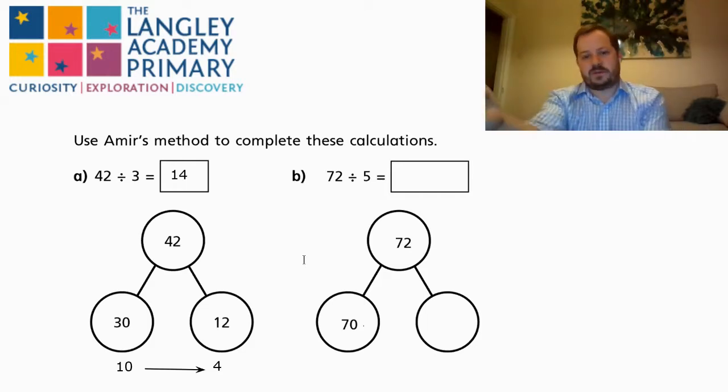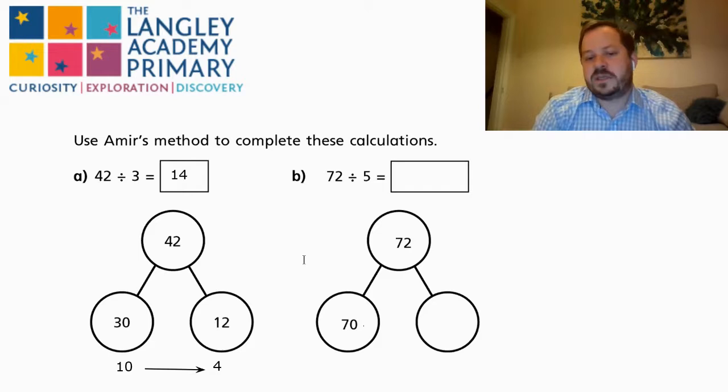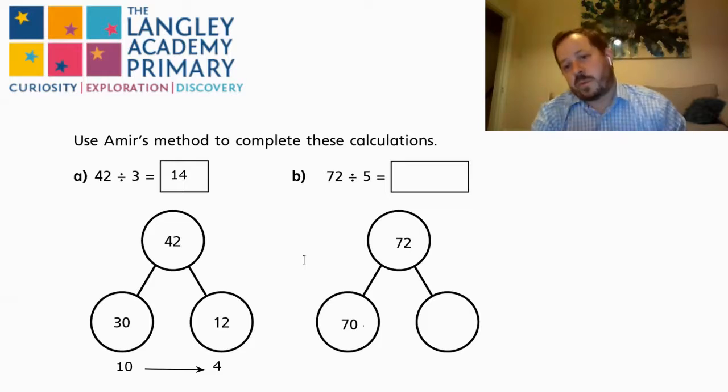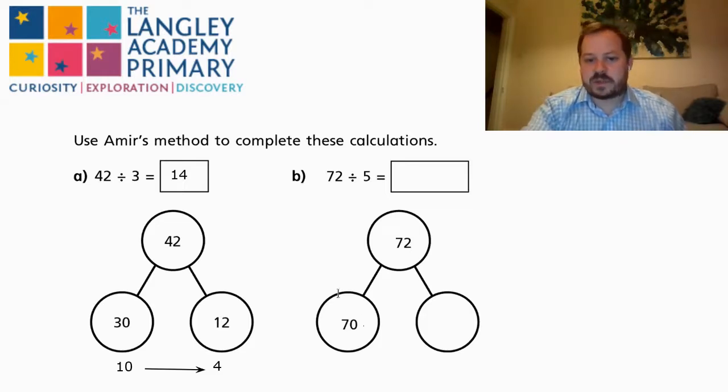Now we go back over to the other side, and we've got 72 divided by 5. Now, this is an example of where we might have to use remainders, because I could split 70 off, divide 70 by 5 and use that.